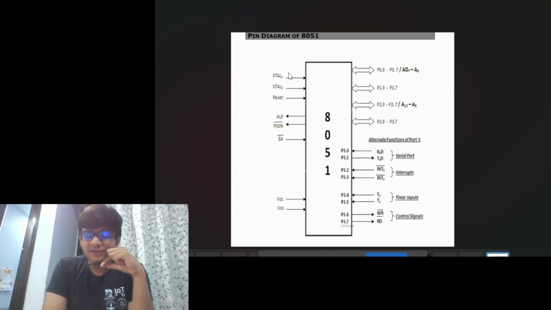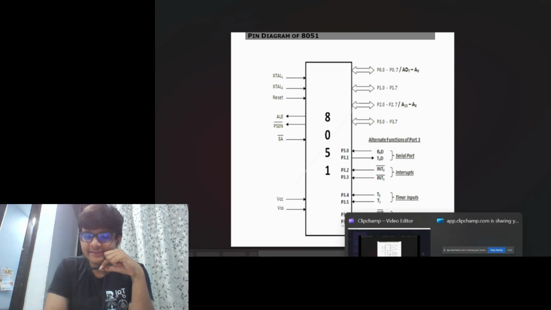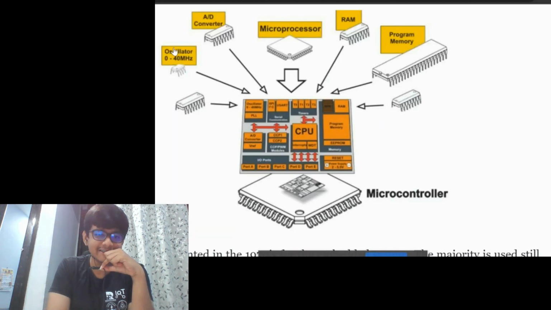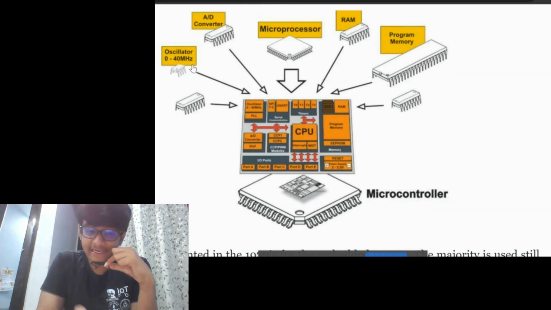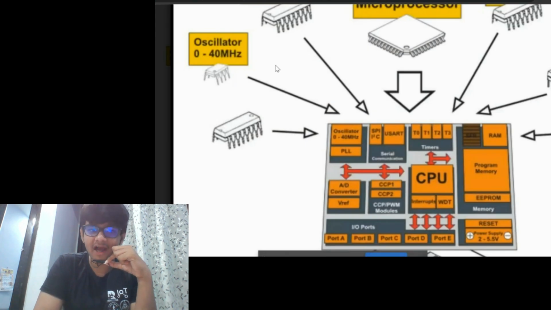These pins are attached to the oscillator. This is a crystal oscillator, but this one goes up to 40 megahertz. But listen, the 8051 oscillator generates a 12 megahertz frequency, not 40 megahertz. Keep that in your mind.